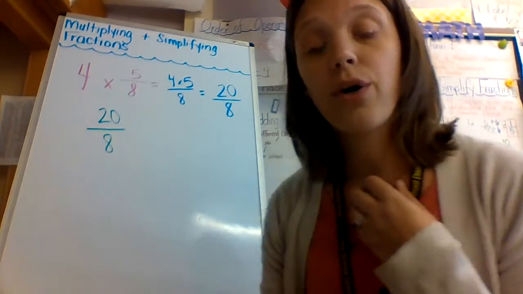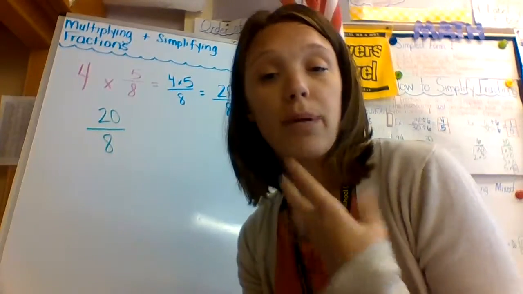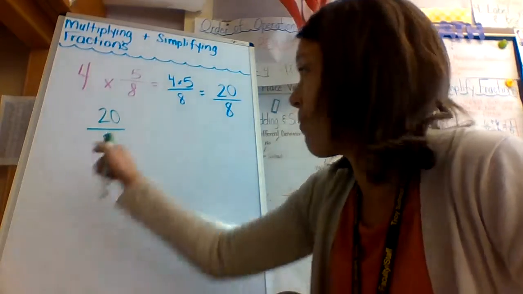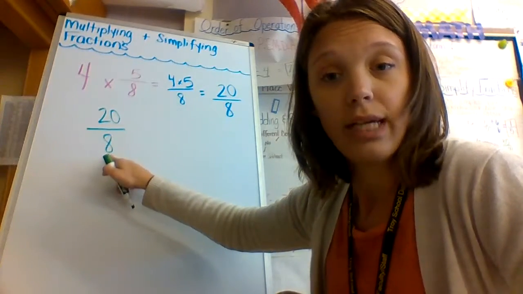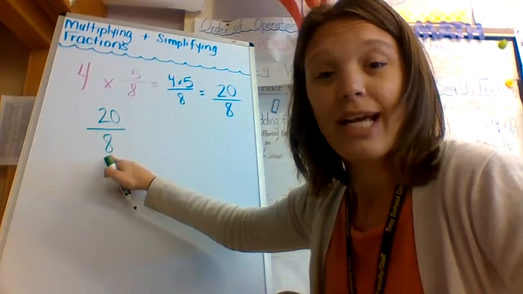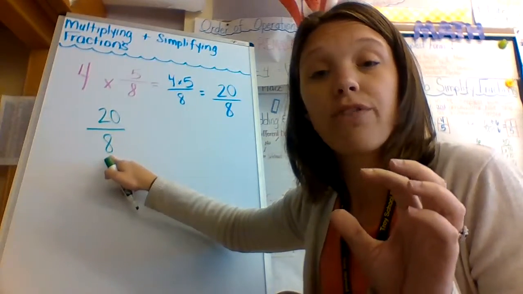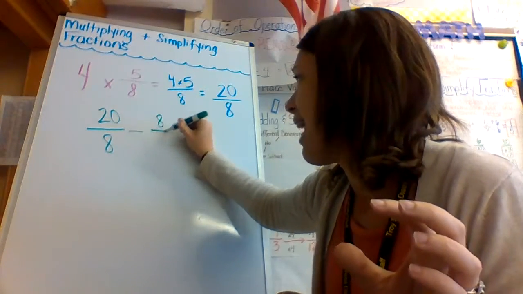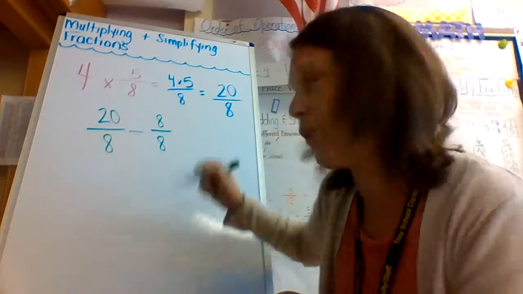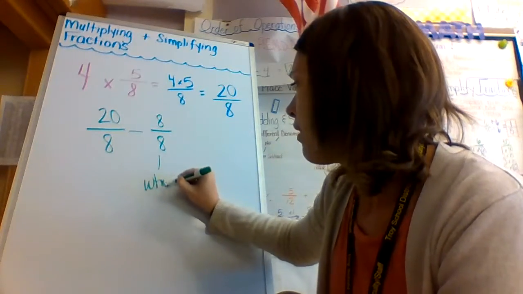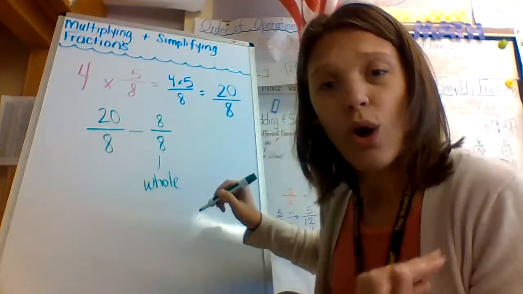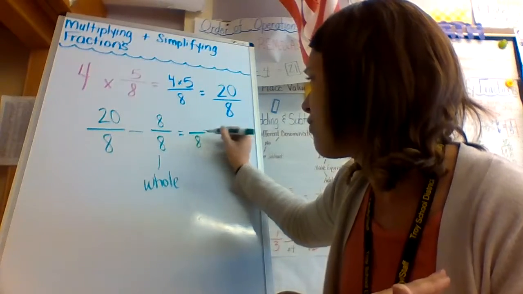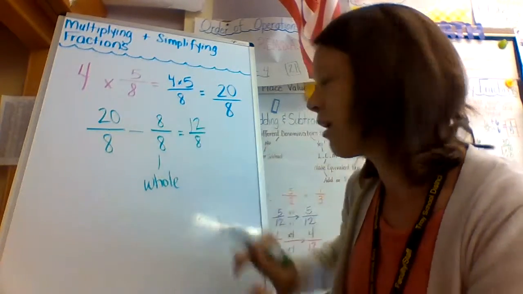A quicker way, depending on your level of comfort with fractions: I know that if my denominator is 8, that means there's 8 total. If there was one whole, I know that it would mean 8 out of 8 pieces. That's one whole. If I take one whole away from 20/8, I know that my difference would be 12/8.